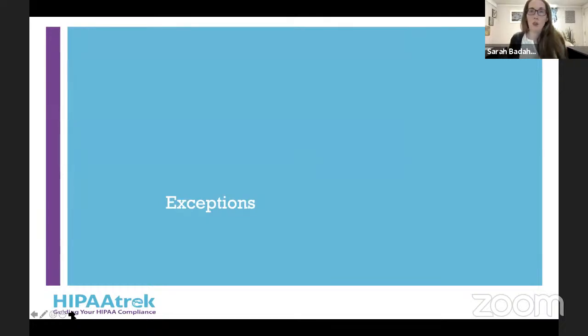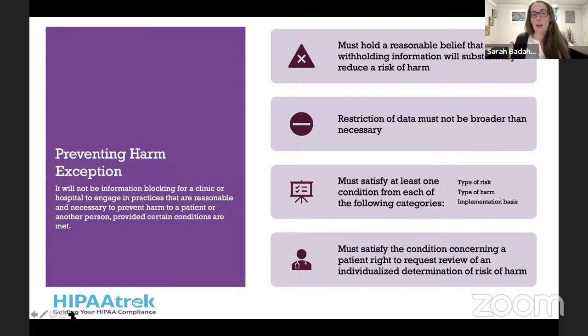Now then, it is very important that you create a policy on how you guys are going to be handling these exceptions. And the very first exception that we're going to go through, which is the preventing harm exception, when you are creating your policy on this, it is incredibly important, and I cannot stress this enough, that you get a multidisciplinary team together to create this policy, because HIM or compliance is not going to be able to create this policy in a vacuum without input from clinical personnel.